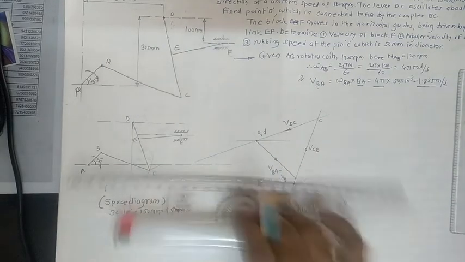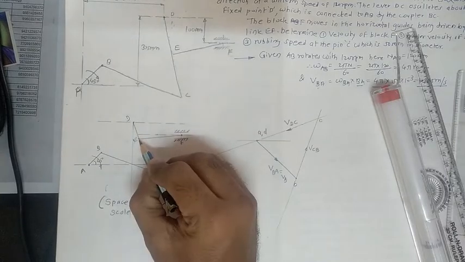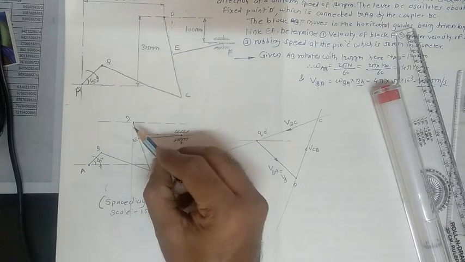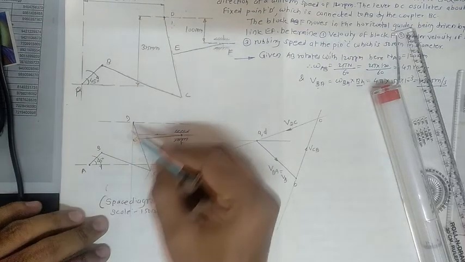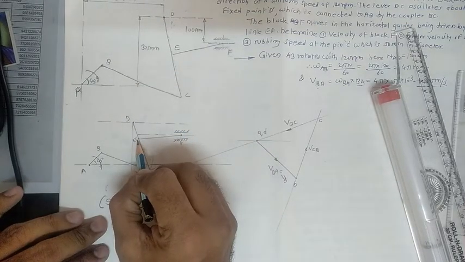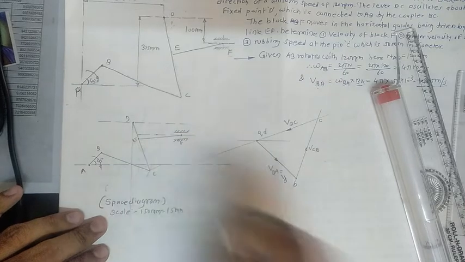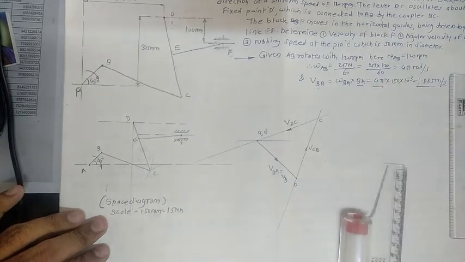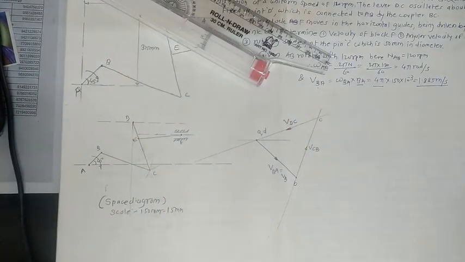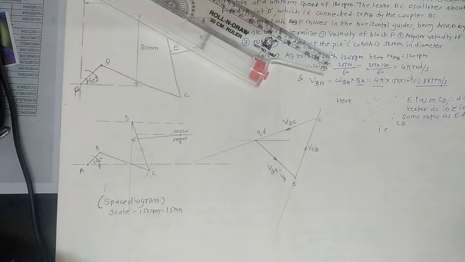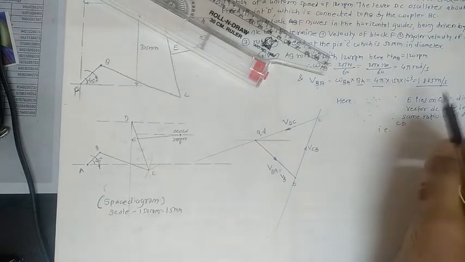Once this point is over, move towards another point. Here, the E point lies somewhere on this link CD. To locate this E on link CD, you need to take the ratio in this way. Here we can write the ratio like this.